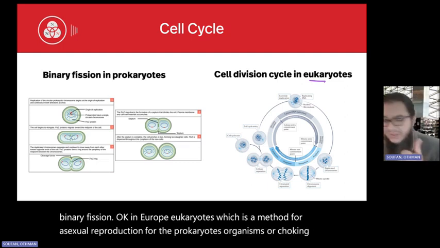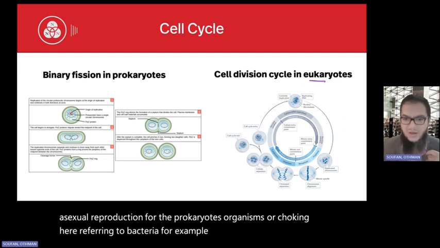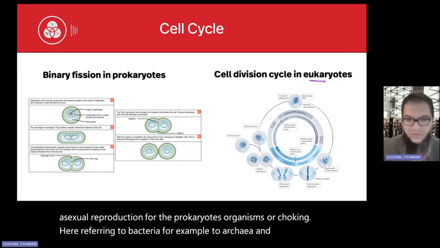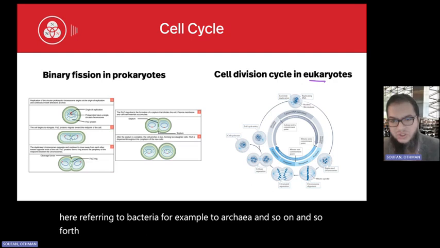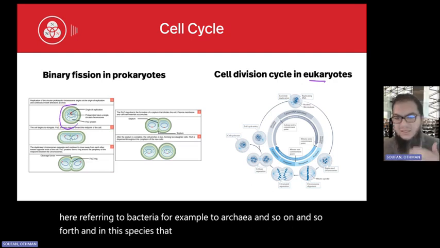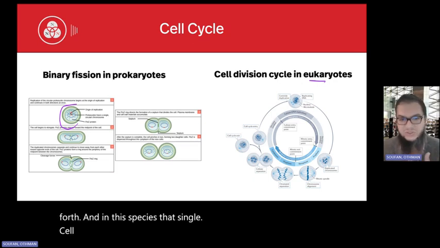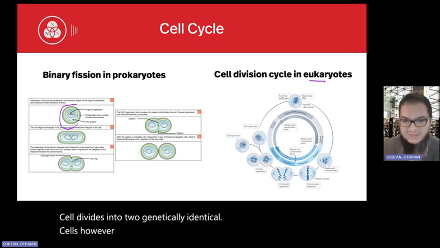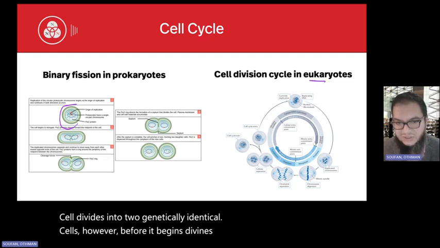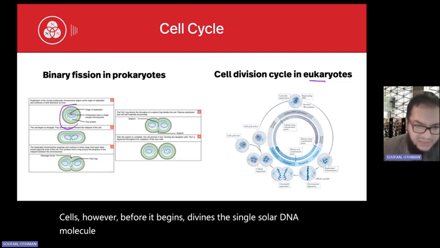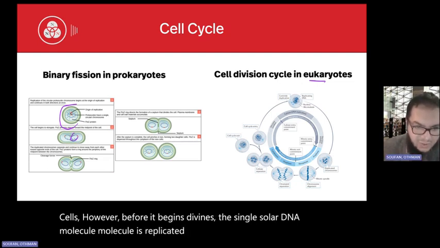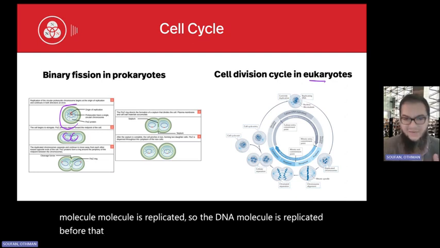I'm referring here to bacteria, for example, and archaea. In these species, the single cell divides into 2 genetically identical cells. However, before it divides, the single cellular DNA molecule is replicated. So the DNA molecule is replicated before the cell divides.